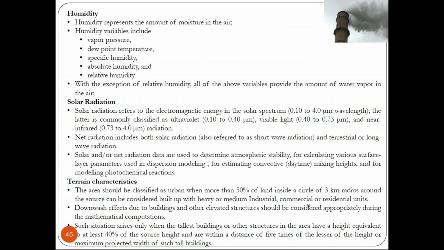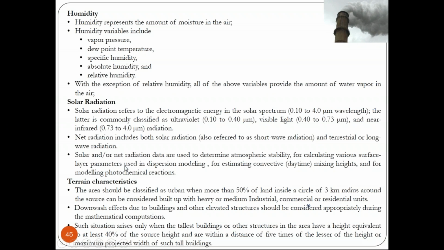And also here one factor is humidity. It represents the amount of moisture in the air, and its variables include vapor pressure, dew point temperature, specific humidity, absolute humidity, and relative humidity. Solar radiation: this radiation refers to electromagnetic energy in the solar spectrum ranging from 0.1 to 4 micrometer wavelength.